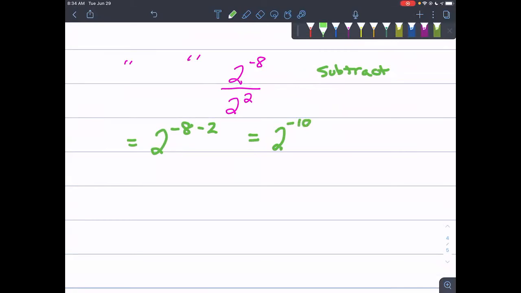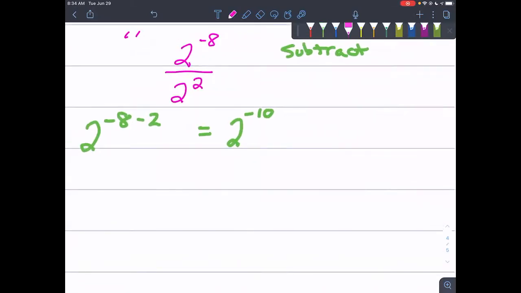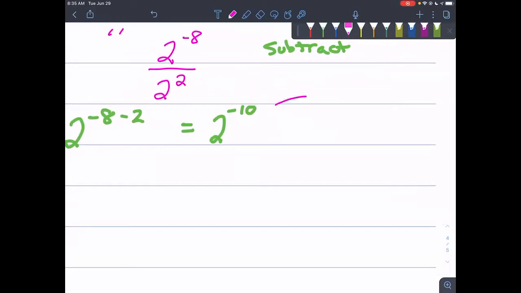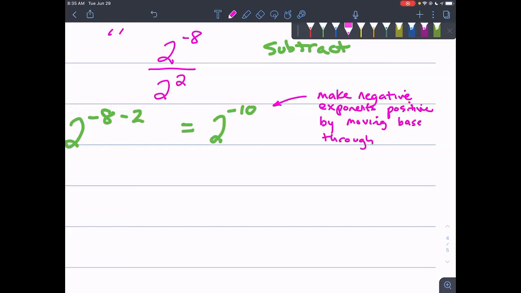And what we'll do is we'll make negative exponents positive by moving the base through the fraction line.